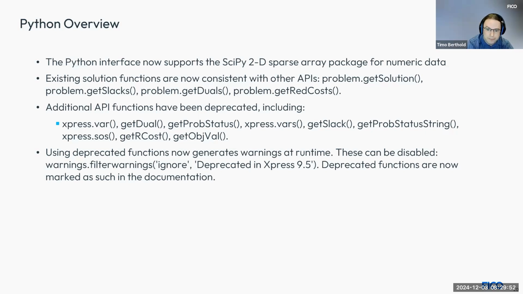You don't really want to do that. So users can now directly use SciPy sparse matrices to create constraints, and operations like multiplying a sparse matrix with a vector of variables now scale with the number of non-zero elements rather than the total matrix size. So this offers significant performance gains if you're dealing with huge models.